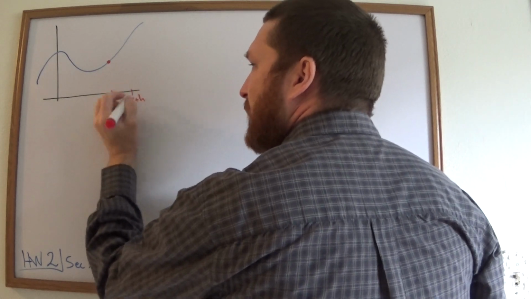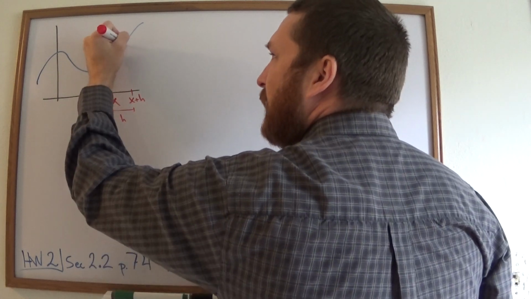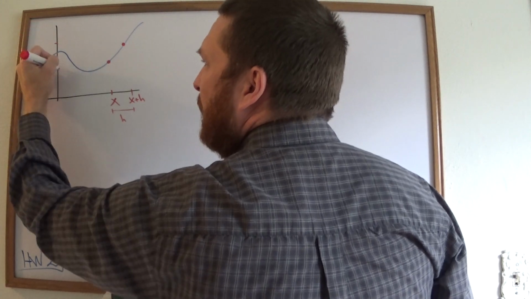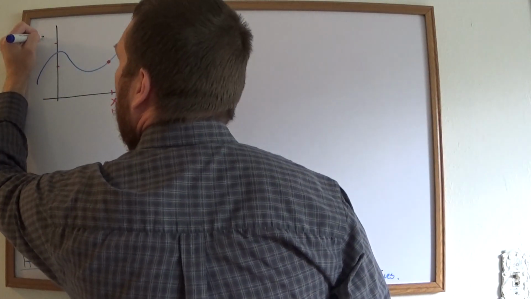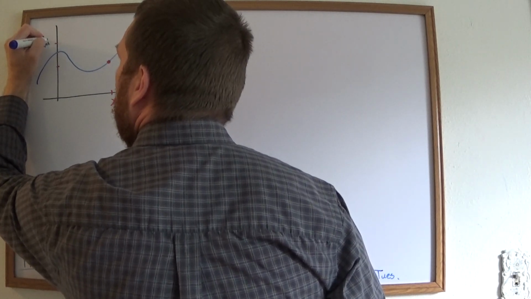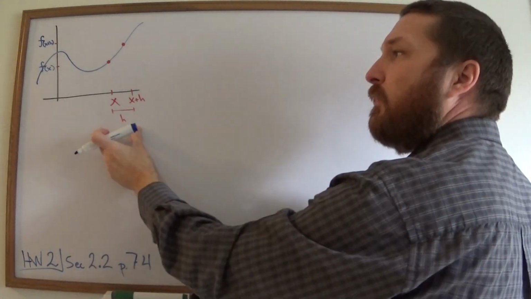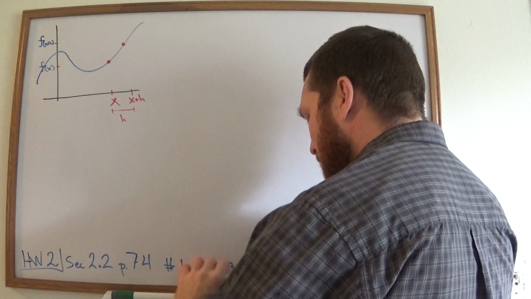So you're at this new place, x plus h, and your distance from there to there is h. You plug that in, and now you have a rise that you could compute, f of x plus h minus f of x, and you have a run of h, right? That makes sense, right?